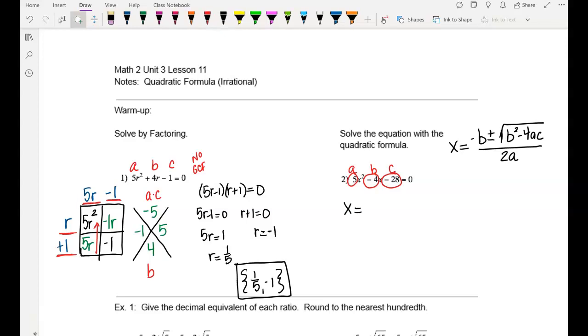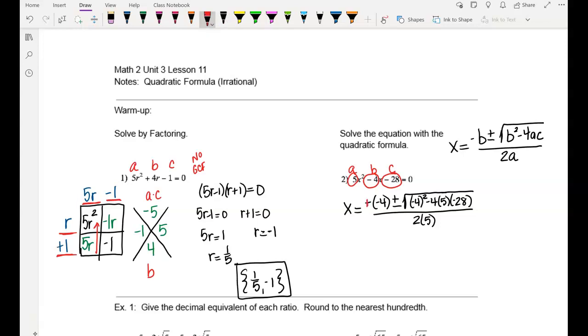So when I substitute in, x equals -(-4) plus or minus the square root of -4 squared minus 4 times 5 times -28, all divided by 2 times 5.